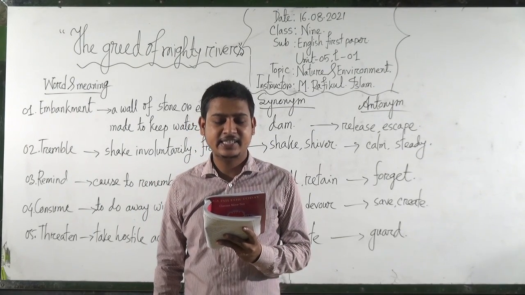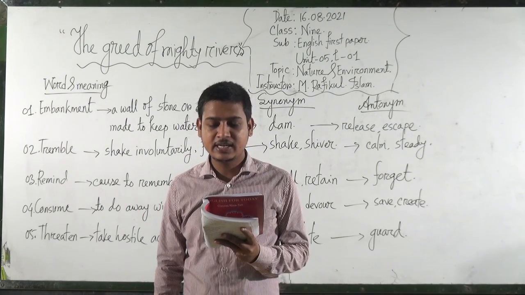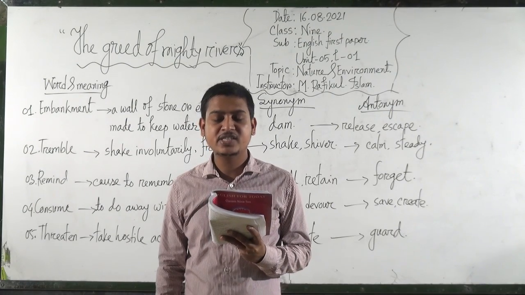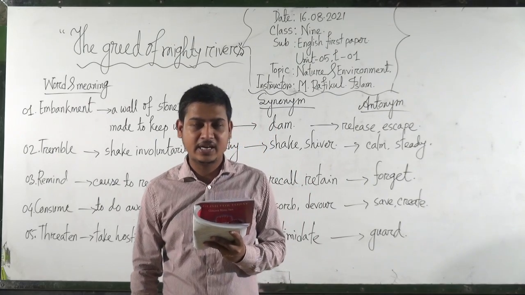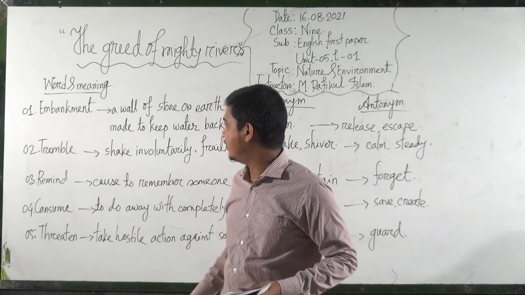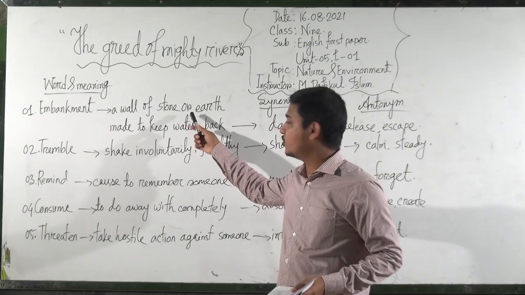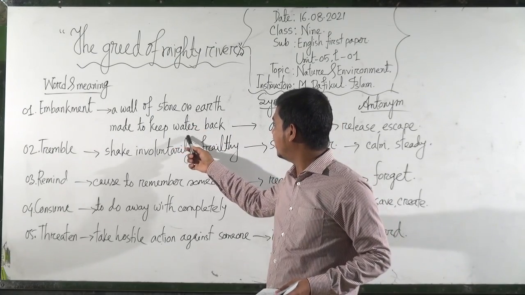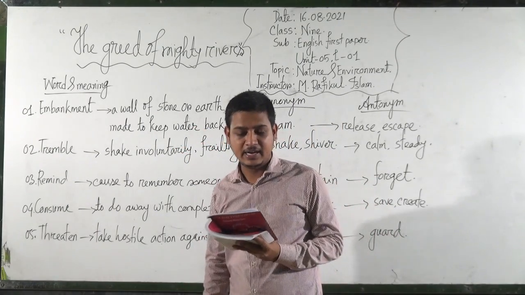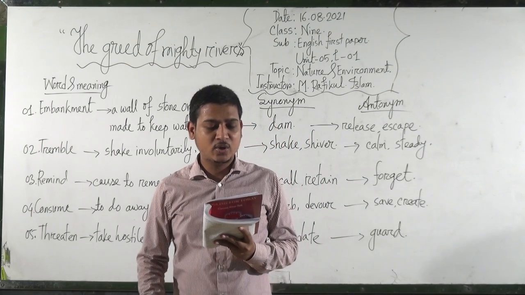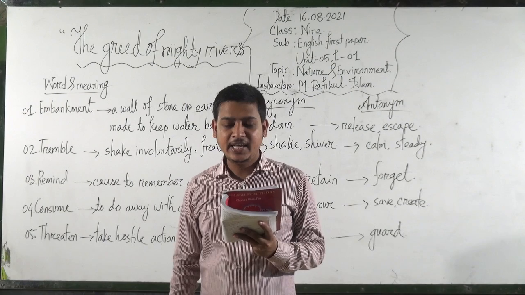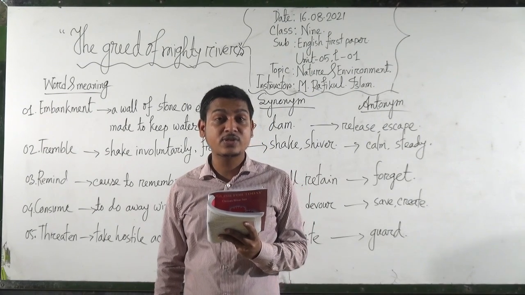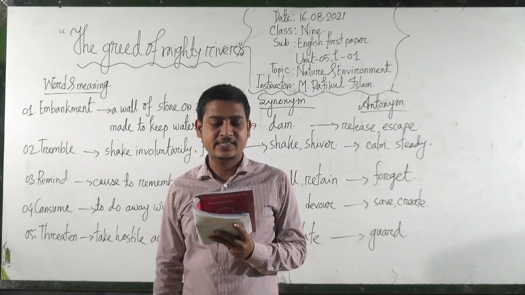Maharjan lives in a slum on the Shirazganj town protection embankment. Dear learners, in this line the important word is embankment. It means a wall of stone or earth made to keep water back. Her polythene-roofed shelter looks like a cage. She is nearly 45 but looks more than her age.